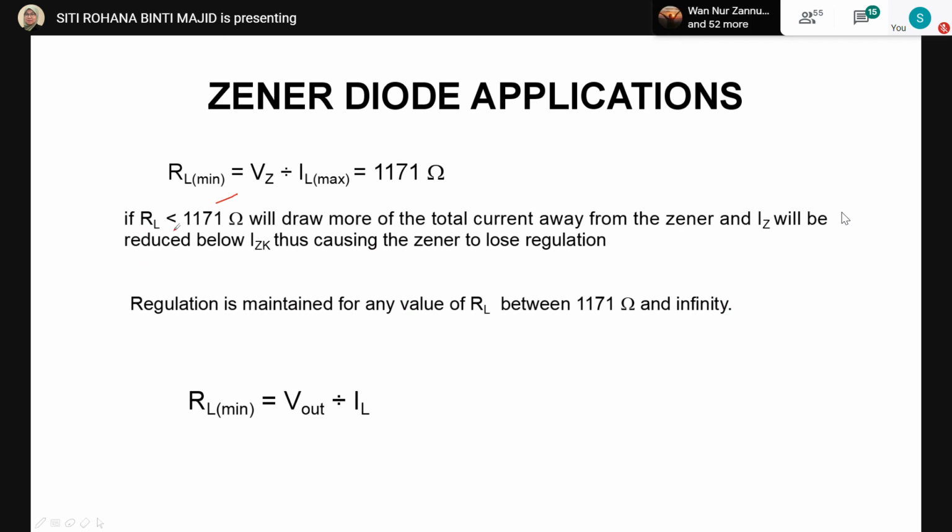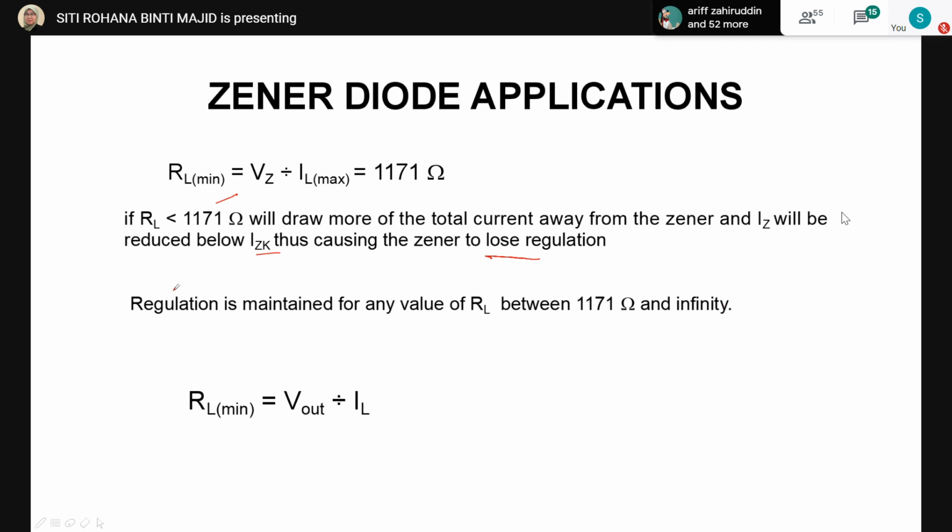If RL is smaller than this value, it will cause more of the total current to go away from the zener, and the current for the zener diode will be reduced below IZK. Therefore, the zener will lose the regulation properties.